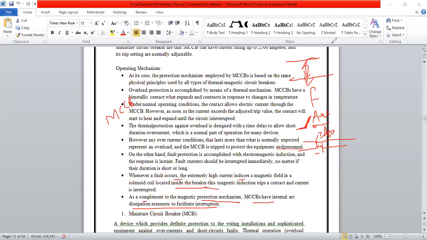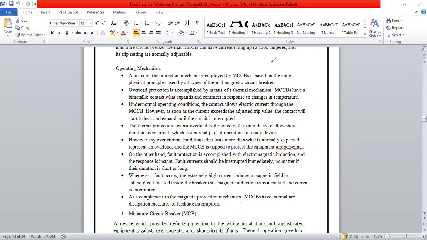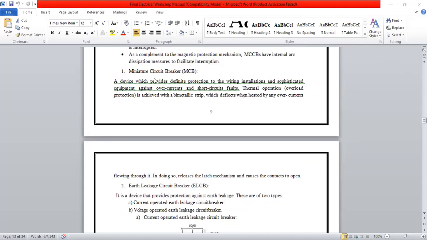Molded case circuit breaker. Now the second switchgear equipment is the miniature circuit breaker. It is a device which provides definite protection to the wiring installation and sophisticated equipment against overcurrent.